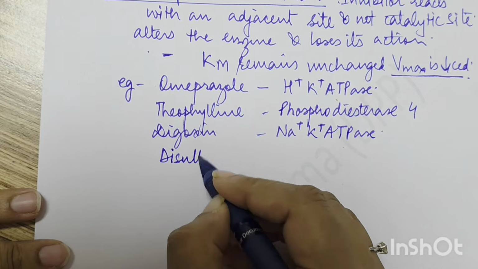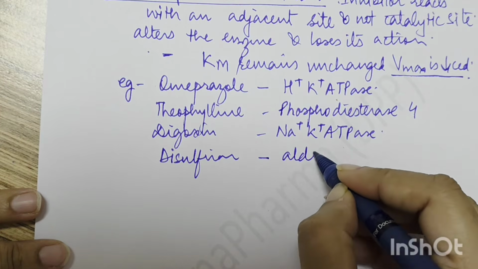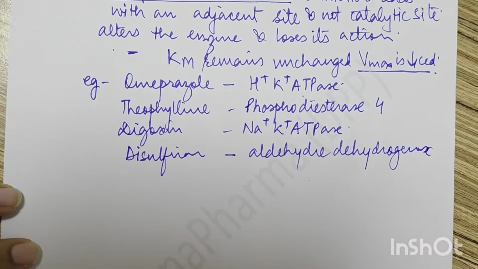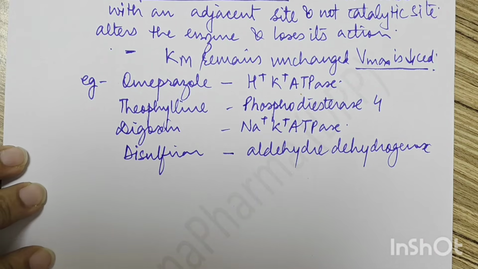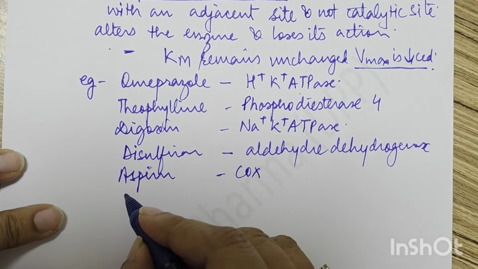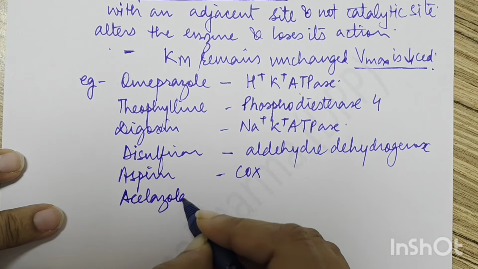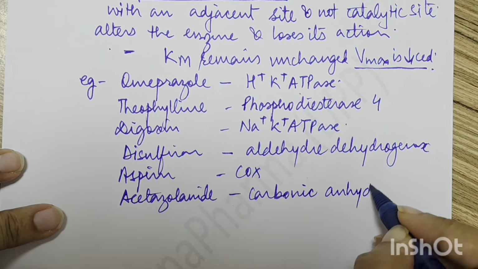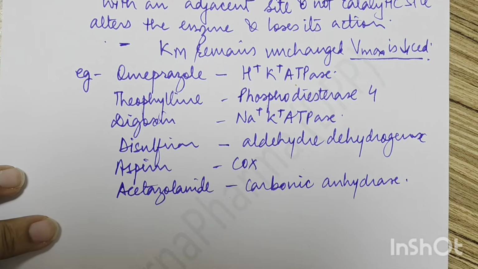Then disulfiram, which inhibits the enzyme aldehyde dehydrogenase. There are many examples, like aspirin, which inhibits COX, and it causes irreversible inhibition. Then acetazolamide, which inhibits carbonic anhydrase, right? So these are the various examples of non-competitive inhibitors. Competitive inhibitors, I will discuss that also.